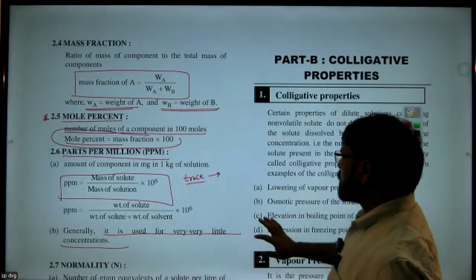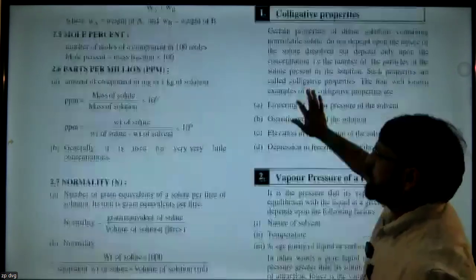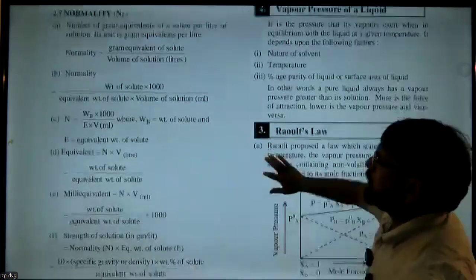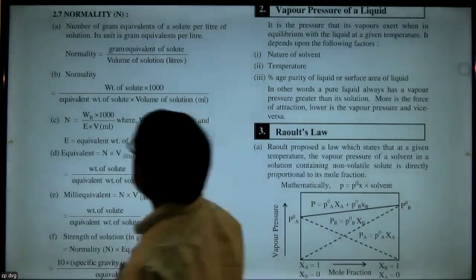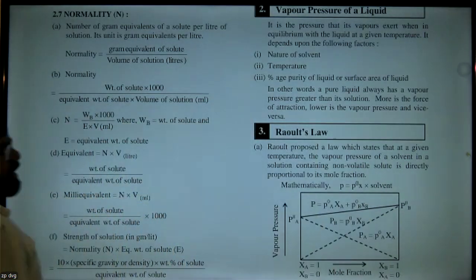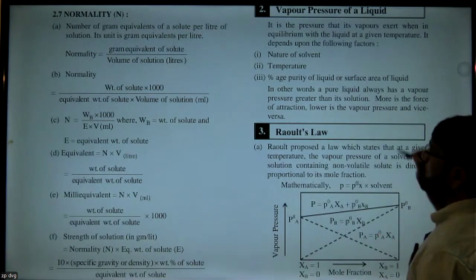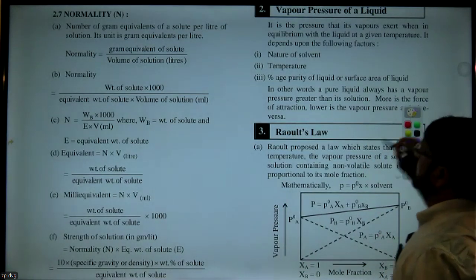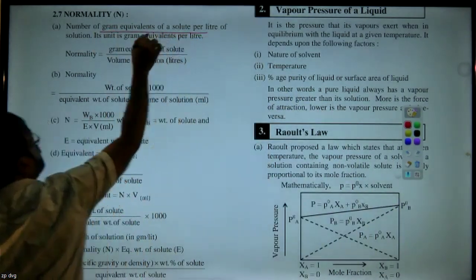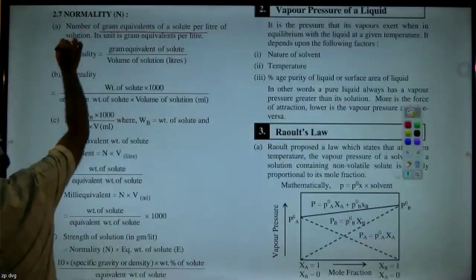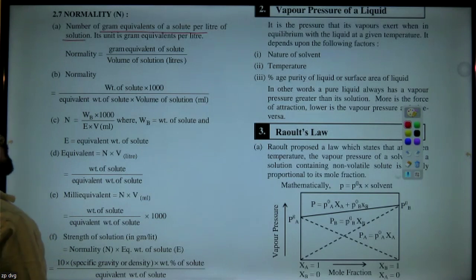Along with these concentration terms, one more concentration term is there, that is normality. What is the meaning of normality? Let us see. Normality means the number of gram equivalents of solute present in 1 liter of the solution is known as the normality of the solution.